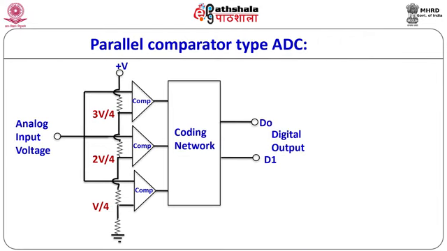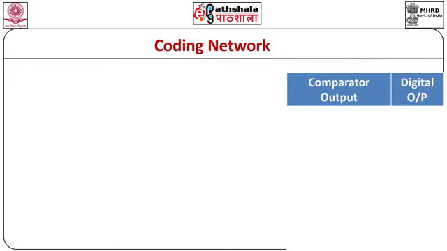The output of the comparators can be coded using a network to obtain the digital output. For the coding purpose, we can use logic gates, and using the 4 different possible combinations of the comparator outputs, we can have 2 digital outputs, D0 as well as D1.